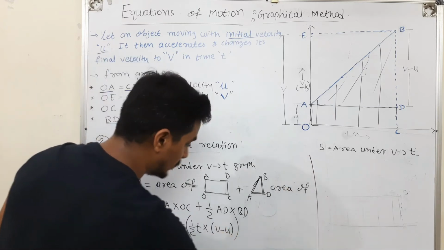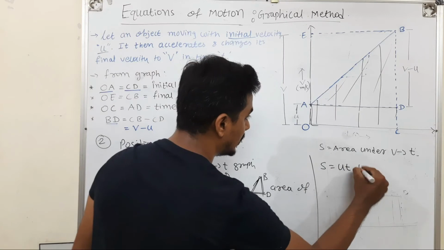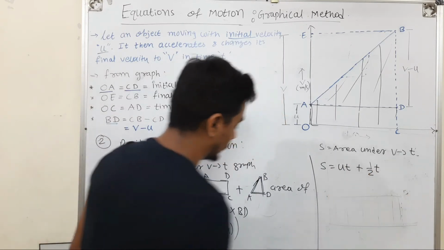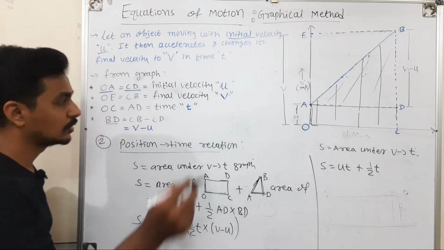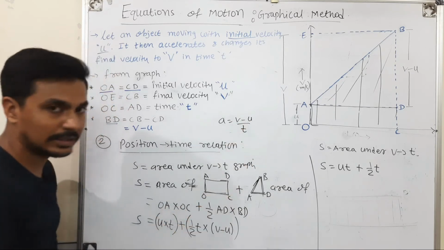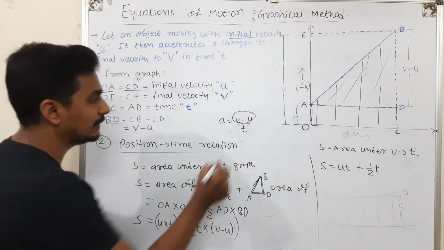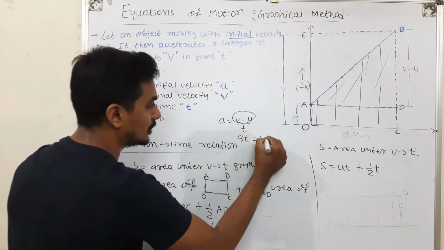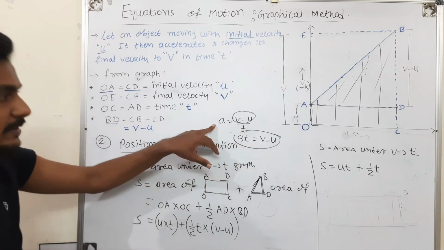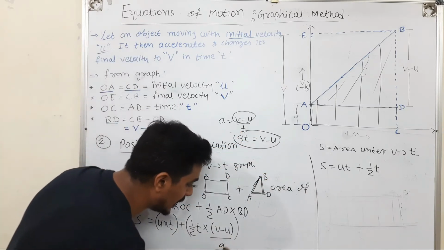Now if you elaborate this equation properly, then we will get S is equal to UT plus half T into (V minus U). Now what is V minus U? We have the equation A is equal to V minus U by T. Now if I make V minus U the subject, then I get AT is equal to V minus U. Here I have just taken T to this side. So instead of V minus U, I can write AT.